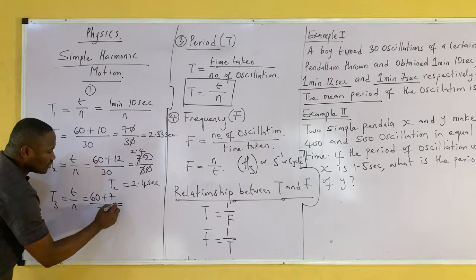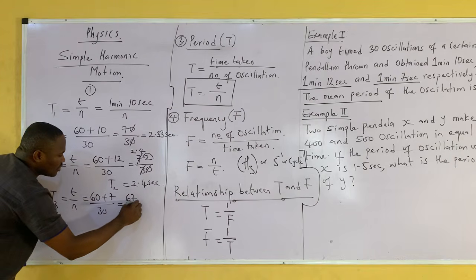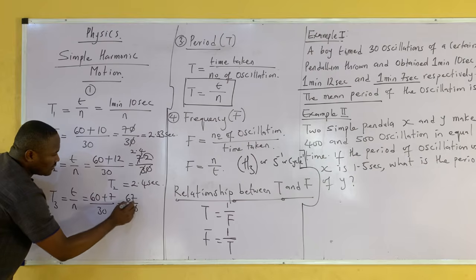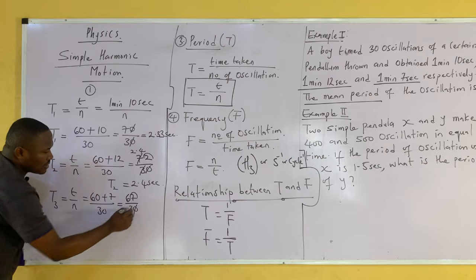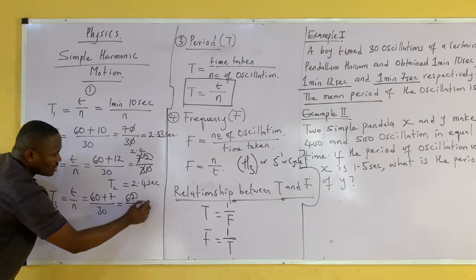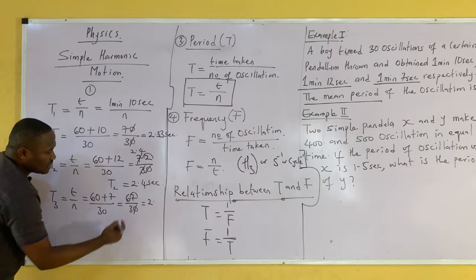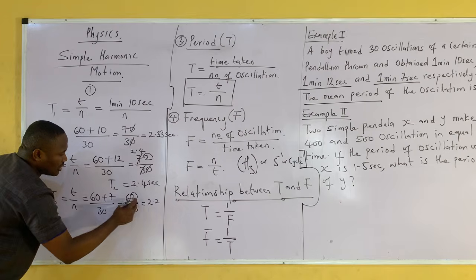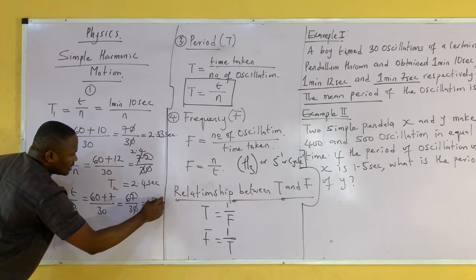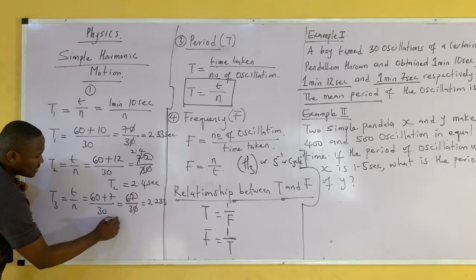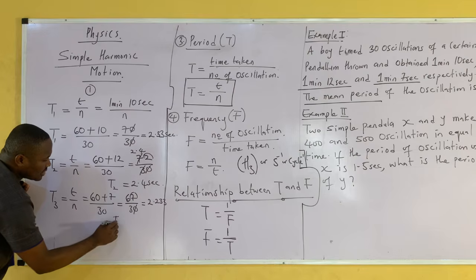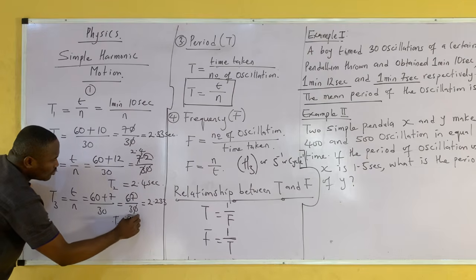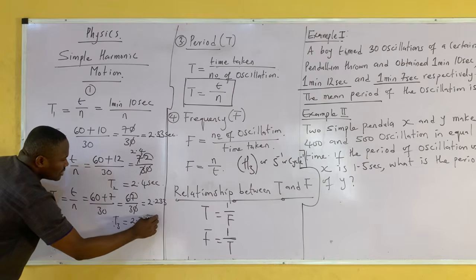That will now be equal to 67 over 30. Take off the 0, bring the decimal point in. It will now be equal to 2 point, this into this again is 2. Remember 1 into that will be 3, 3. So our T3 is equal to 2.233 seconds.